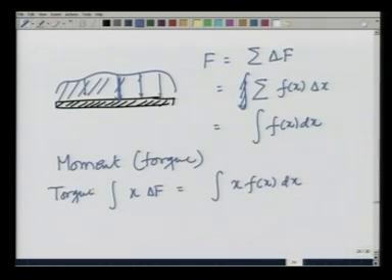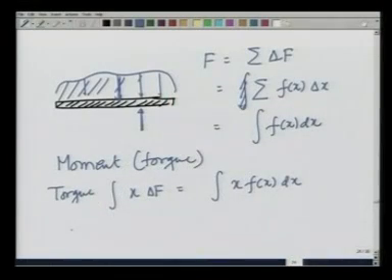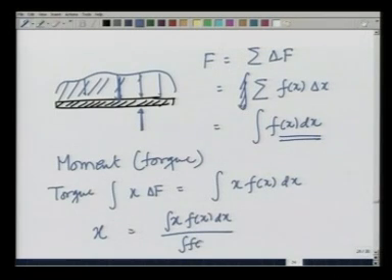If I want to apply an opposing torque with a point force, that force has to be equal to the net force which is being applied, which is the area of this curve, and it has to be at a point x, which is the integration of x f x dx divided by the integration of f x dx, which is nothing but the centroid of this curve that describes force per unit length.